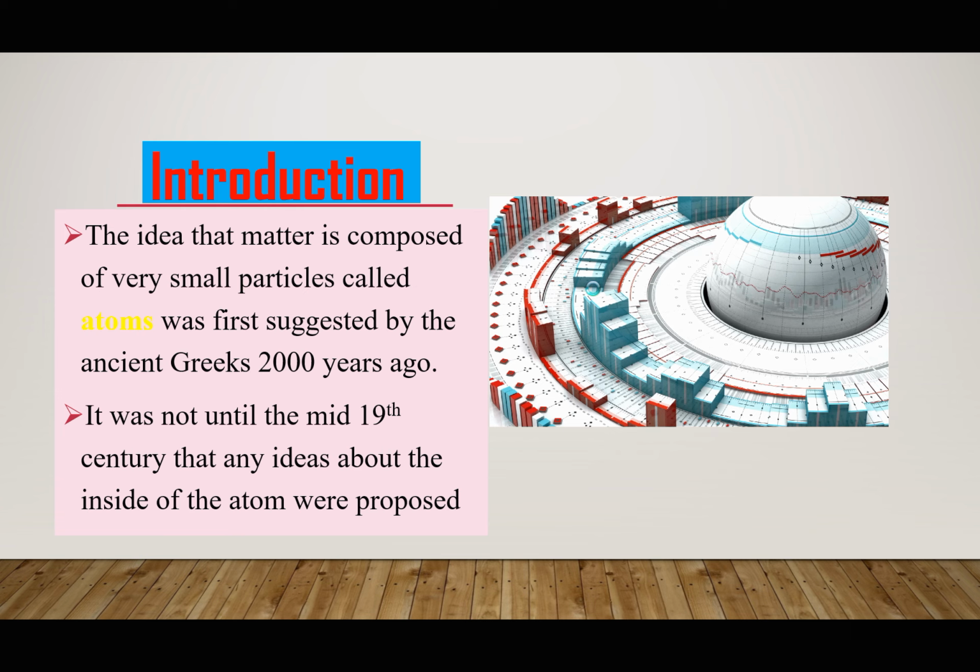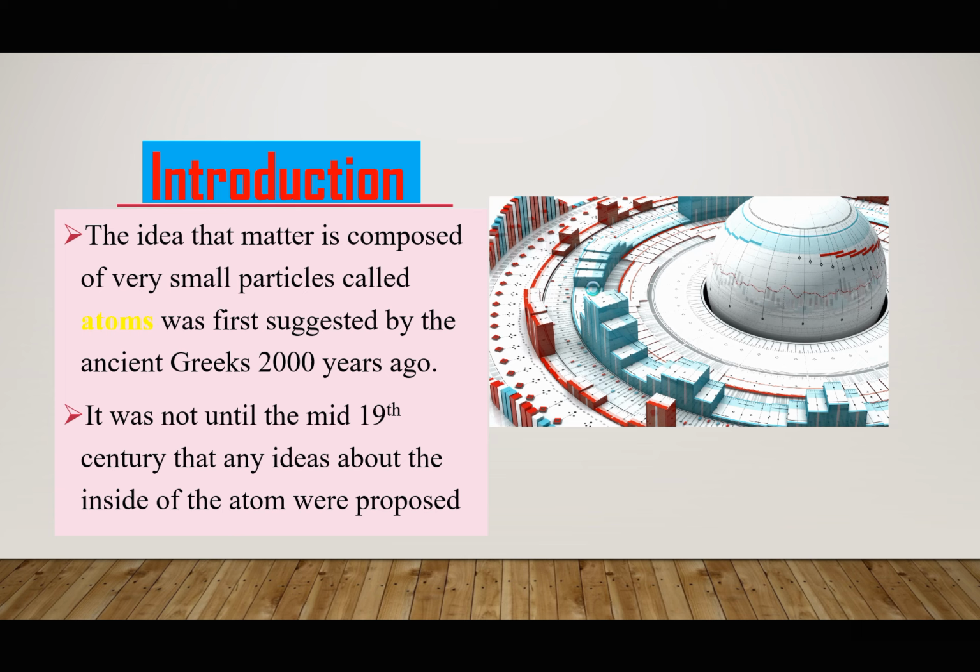Later on, another scientist, Rutherford, came up to test J.J. Thomson's model, to verify if it could continue to be accepted or be rejected, and his observations later on led to the rejection of J.J. Thomson's model.